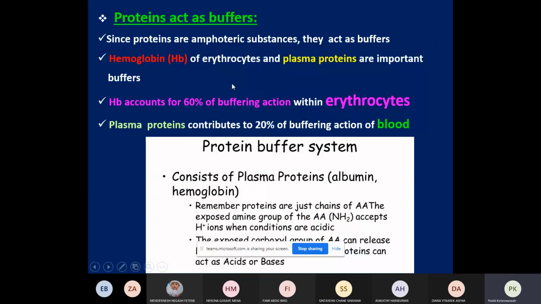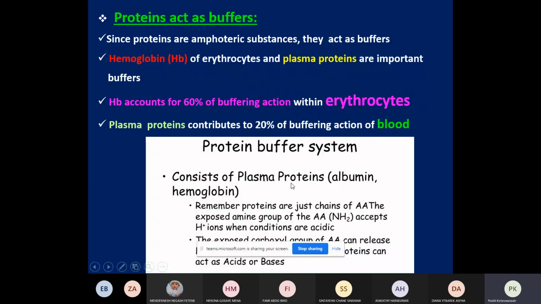And since proteins are amphoteric substances, because the protein has both acidic and basic amino acids, they also act as buffers. For example, hemoglobin present in the erythrocytes and also plasma proteins are important buffers in the human body, and they regulate the pH.